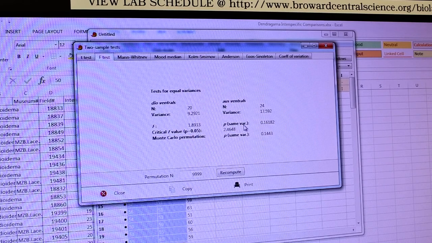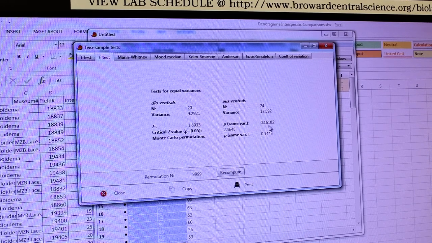The null hypothesis is that the population variance of Diadema and the population variance of Australis is equal. All right? We haven't violated this assumption. So again, you could say, I have satisfied the assumption of homogeneity of variance for Diadema and Australis. And then in parentheses, you would put this F value and this P value.